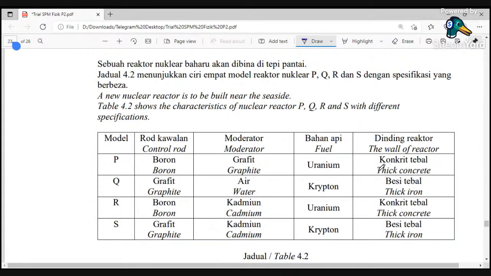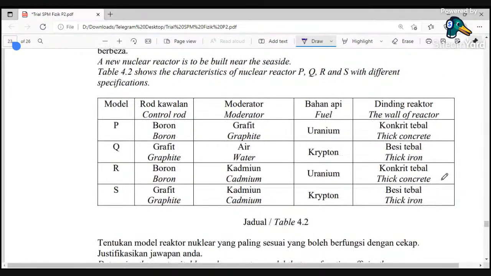A new nuclear reactor is to be built near the seaside. Characteristics of nuclear reactors PQRS with different specifications. So we have 4 models, PQRS.